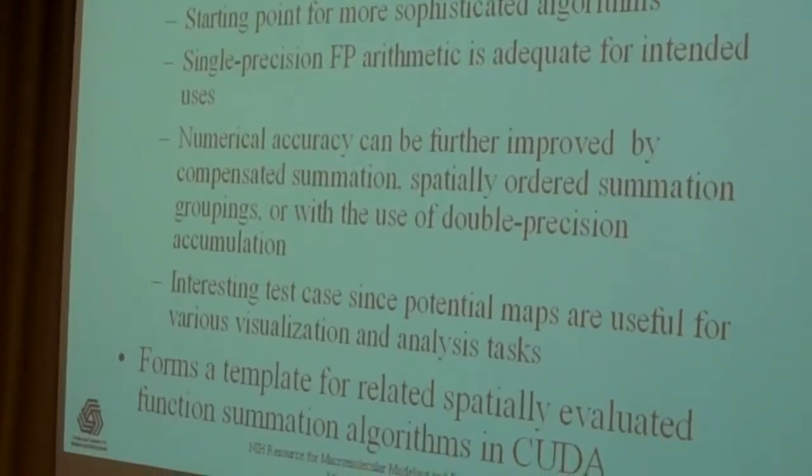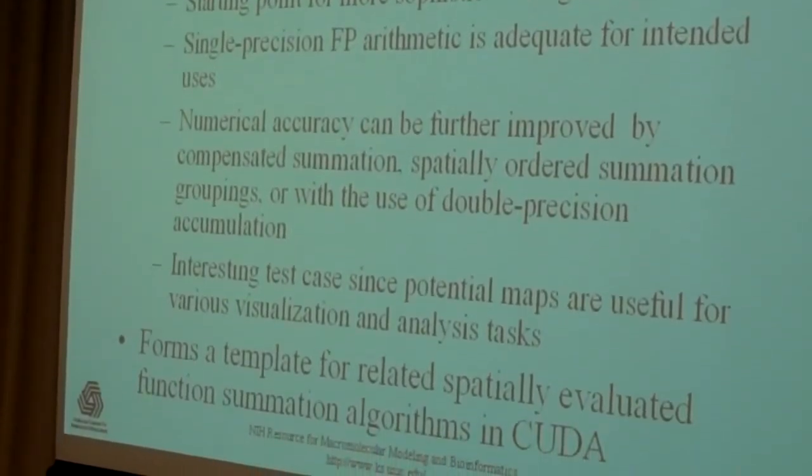Are you guys familiar with compensated summation? So compensated summation is basically a scheme where you use two floating point words or registers to more accurately represent a number using that fixed size.